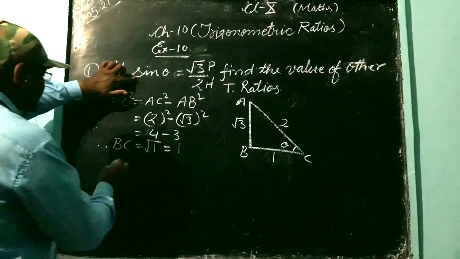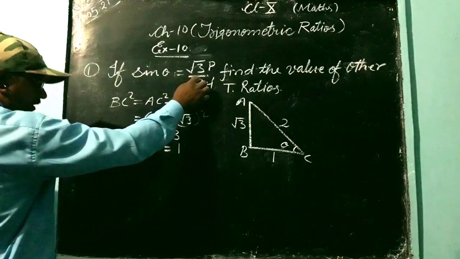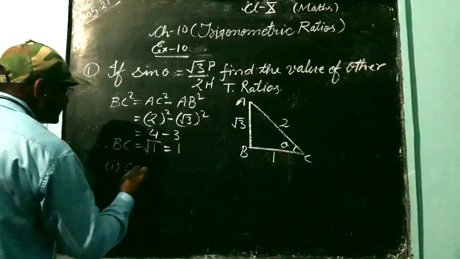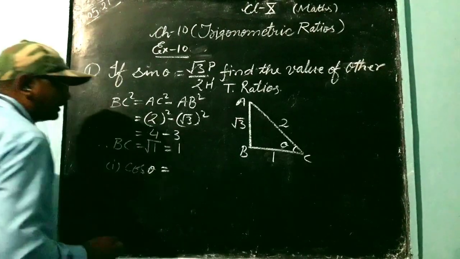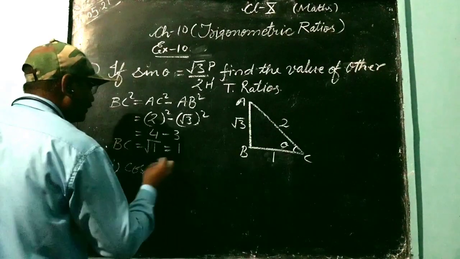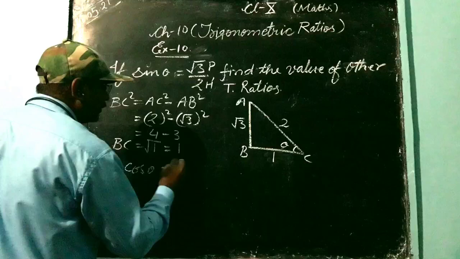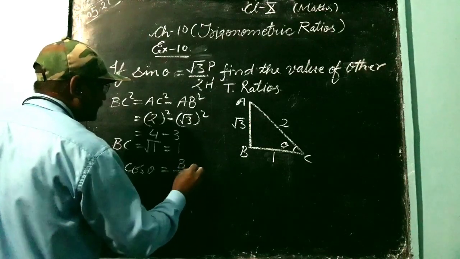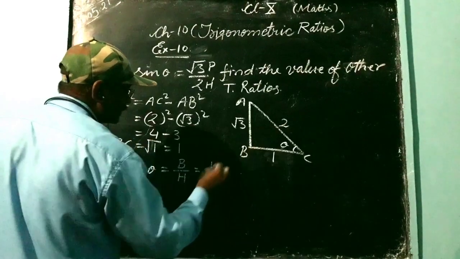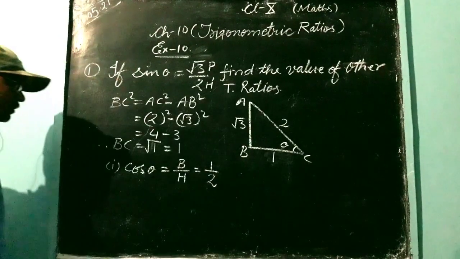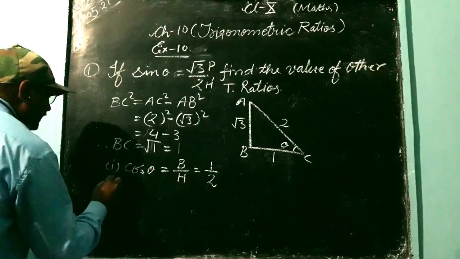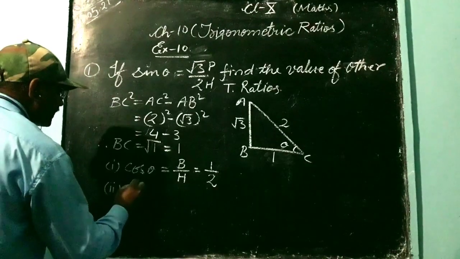Next, cos theta is equal to base upon hypotenuse, that is B upon H, is equal to 1 upon 2. Clear, students? Now the second part, tan theta.